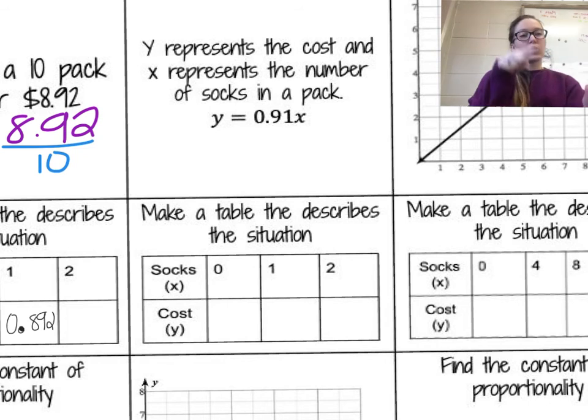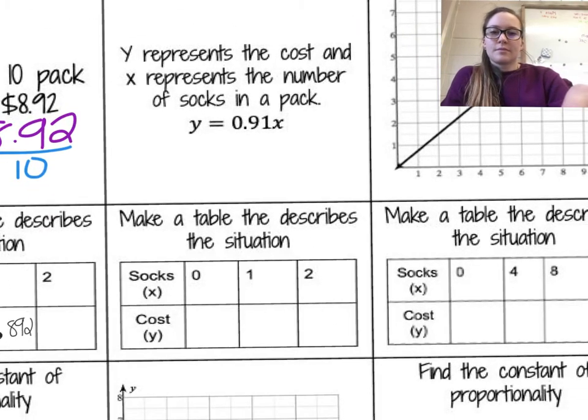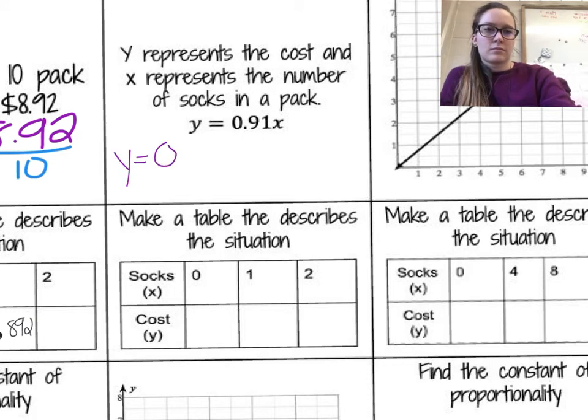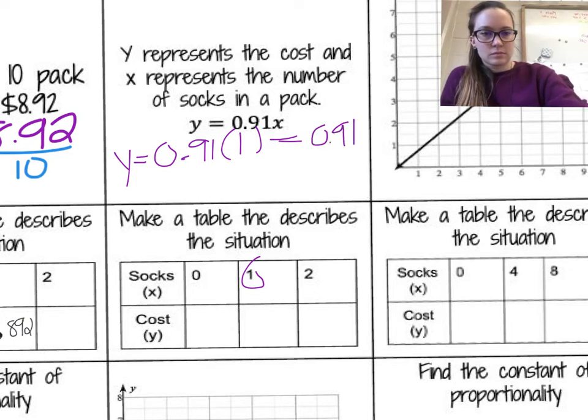All right, so using an equation, okay, this is for J.C. Penney. So y equals 0.91x. So instead of x, I'm going to put in x values from the table I've been given. Like 1. 0.91 times 1 is just 0.91. Okay.